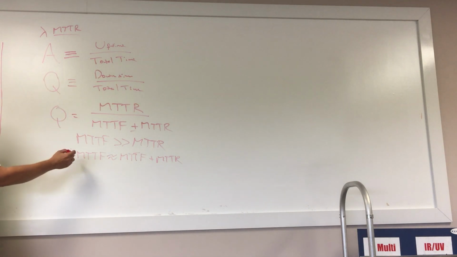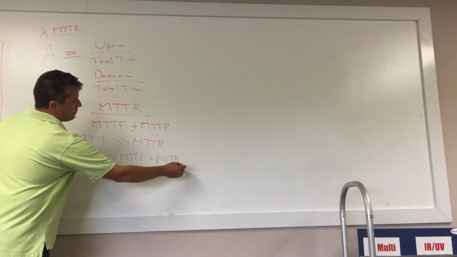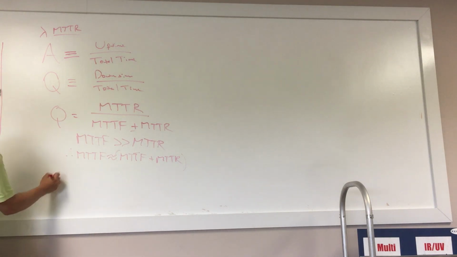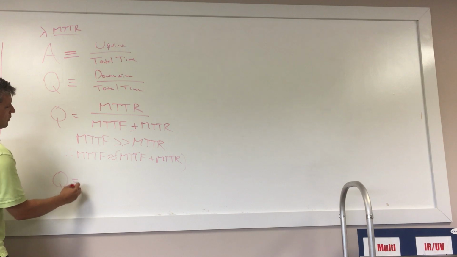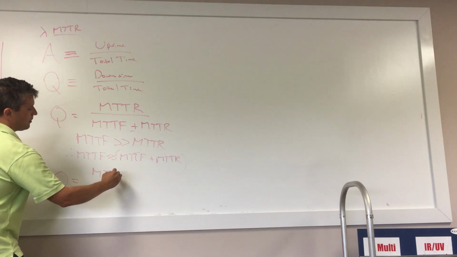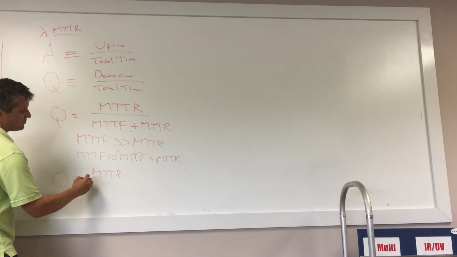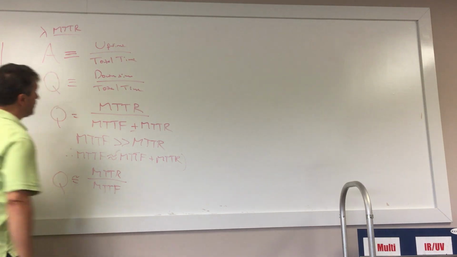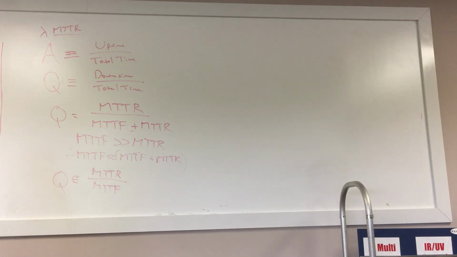Okay? We're going to substitute this term back into that unavailability equation, and then we're going to come up with Q approximately equal to the mean time to repair over the mean time to failure. Still haven't gotten there.